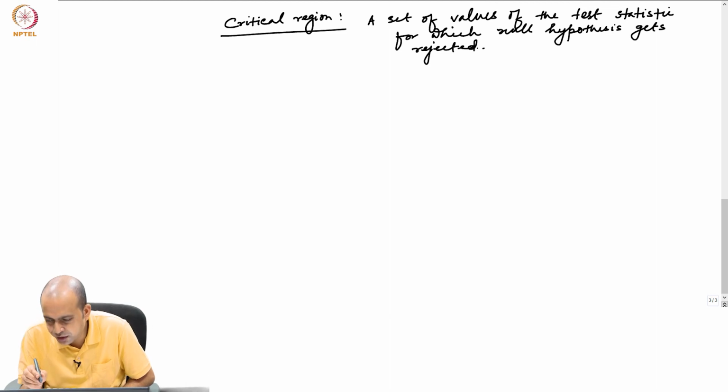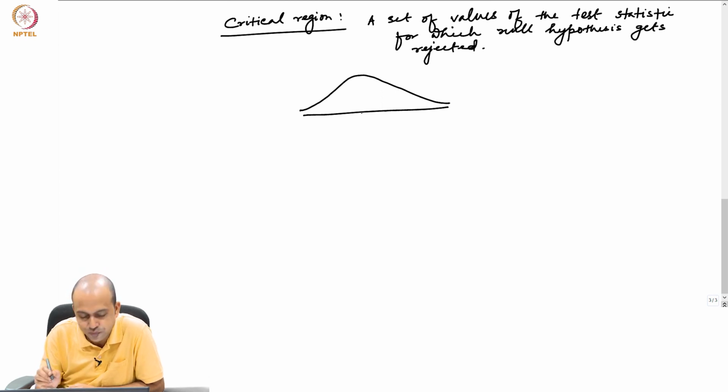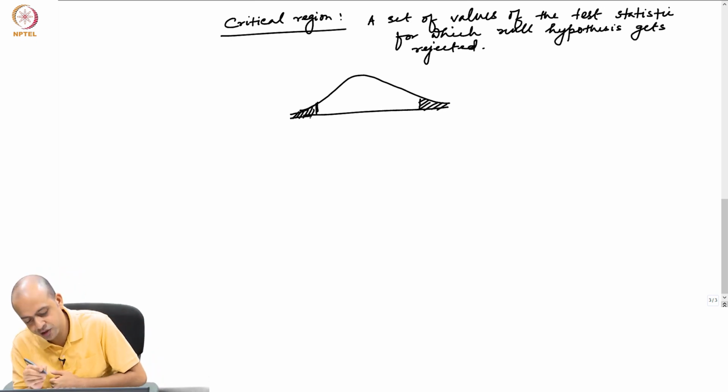Now, I will explain this critical region using the diagram. This is your T distribution, and critical region means there are two areas, on the left side as well as on the right side of the distribution.